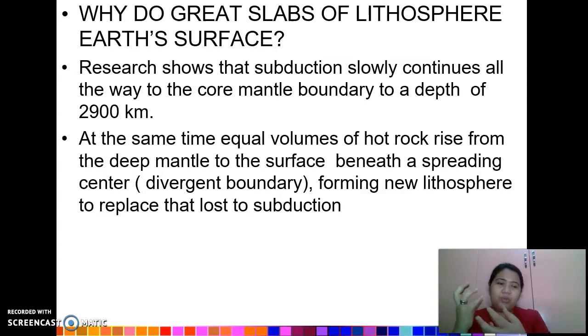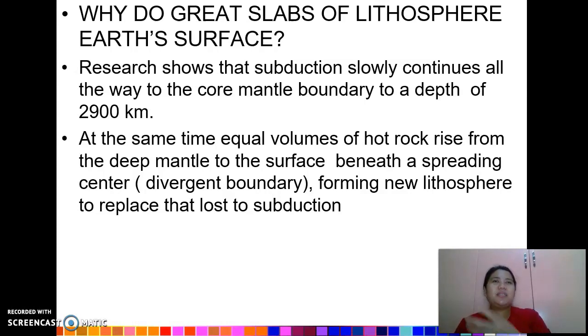Remember, on the subduction zone, materials are being pulled downwards. Now, if that is the case, some materials are being lost on the system, right? But no, it's not the case, because on the divergent boundary, the magma rises up, leading to the formation of a new landform, a new topographical feature. So it's just the same.